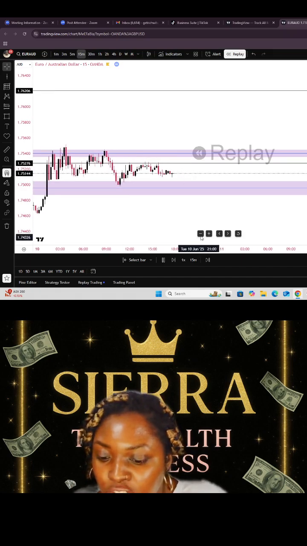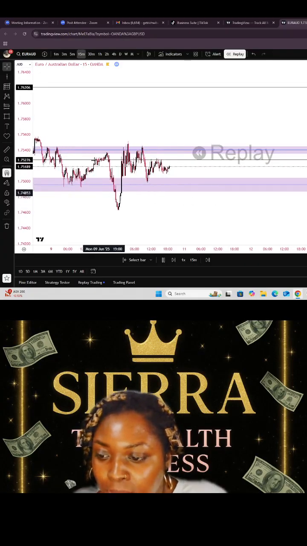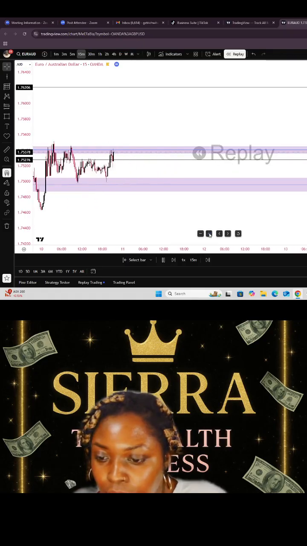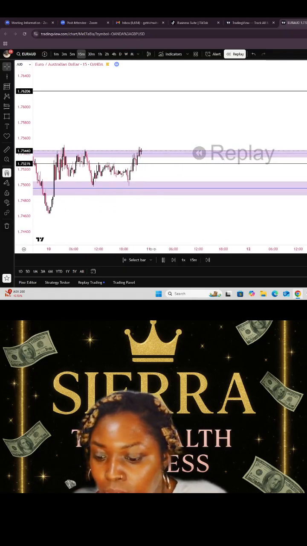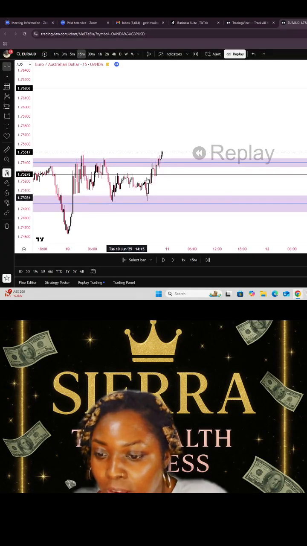See how many times you'd have been faked out though? This is why trading is a waiting game. Like price looked like it was impulsively about to drop. Then it came back to this zone again. Then it dropped. Then it came back to this zone again. All right. Now we're on top of the zone.